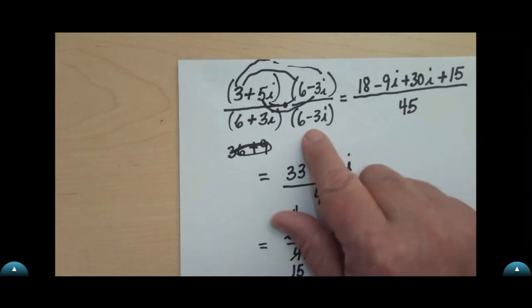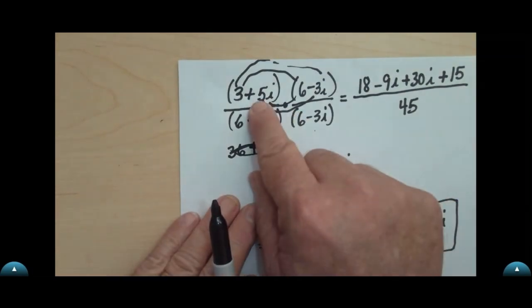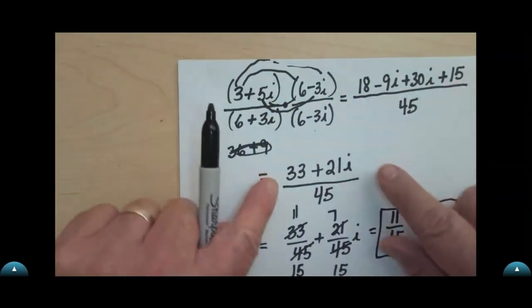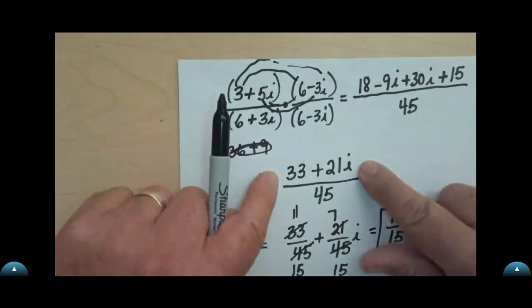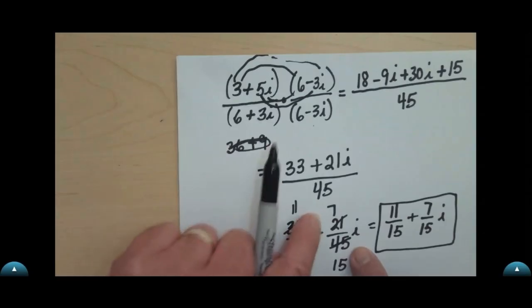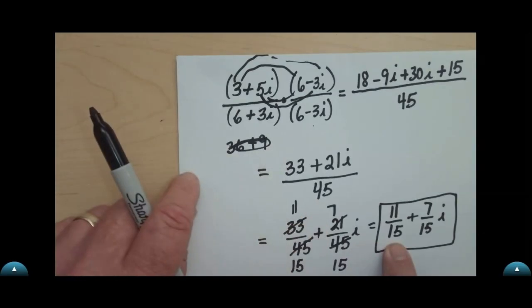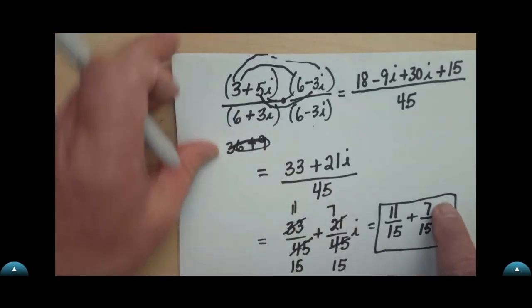But whatever that complex conjugate is, you also have to multiply the top times that complex conjugate. Then you just do the multiplication, combine like parts, split it apart into its real and imaginary parts. And of course, if these are fractions, check to see if you can simplify them. Everybody see this? So that's the whole process for dividing complex numbers.